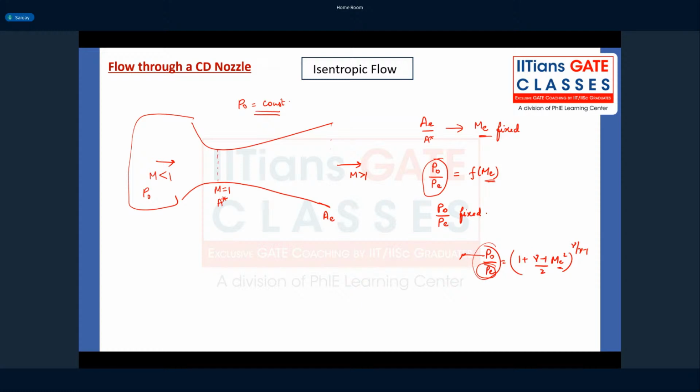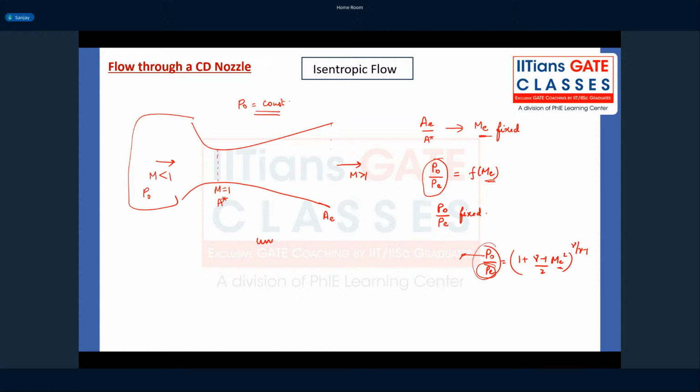my P naught by PE ratio, the pressure ratio, should correspond to the Mach number, which is dictated by A by A star. So to have an isentropic flow through the nozzle, there is one and only one solution.